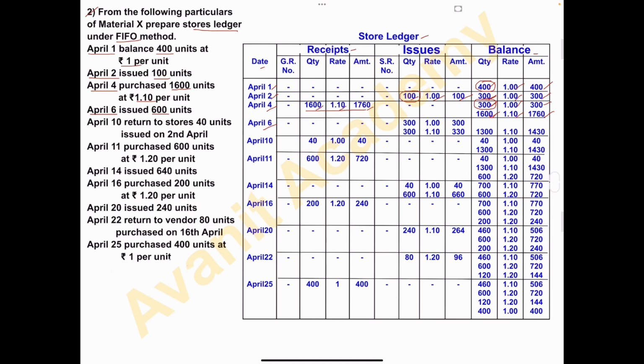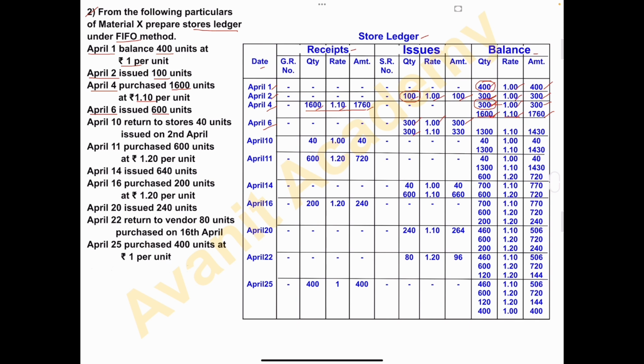So first we'll issue this 300 and remaining 300 we'll take from next stock. Write in issues, write the quantity 300. Rate of first 300 stock is rupee 1. So write here in rate rupee 1 and the amount will be 300. Remaining 300 will take from next stock, that is from this 1600 will take 300, right here 300, and the rate per unit is 1.10.